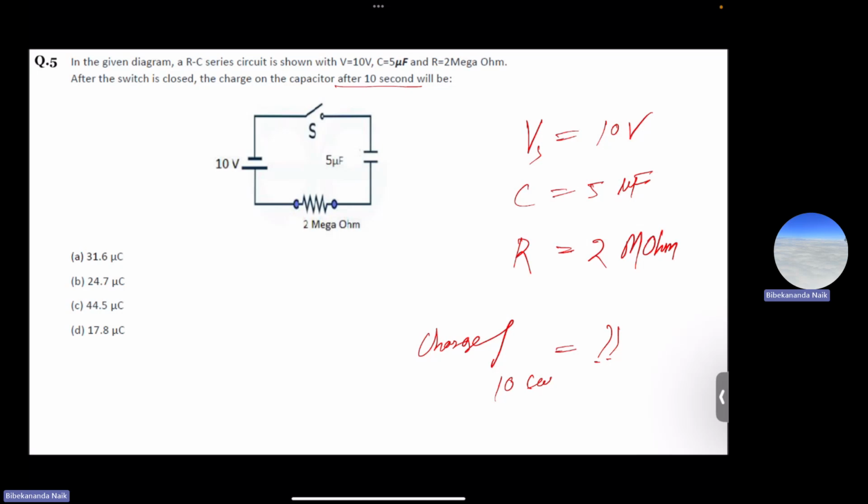That we need to find out. The options are option A 31.6 microcoulomb, option B 24.7 microcoulomb, option C 44.5 microcoulomb, and option D 17.8 microcoulomb. I'll give you a few minutes to solve this question, and then we will discuss which one is the correct answer.